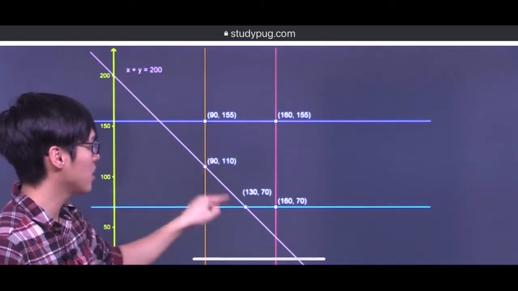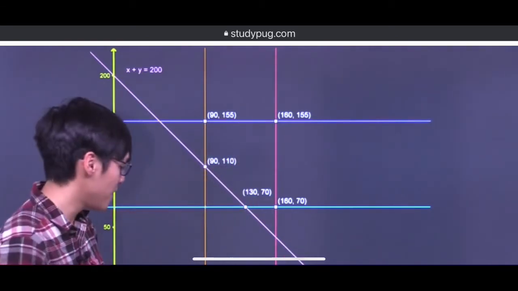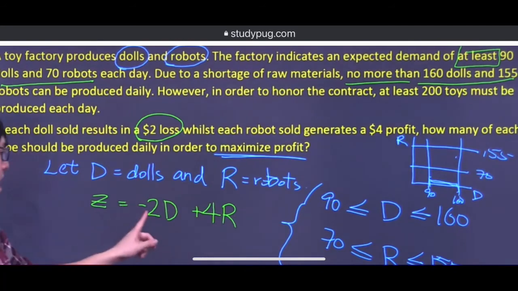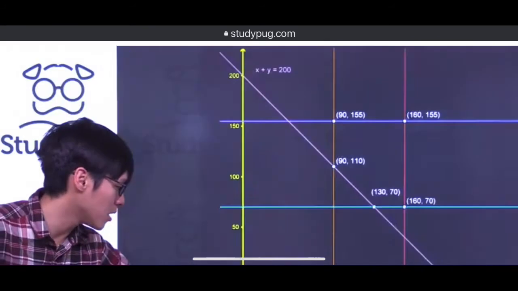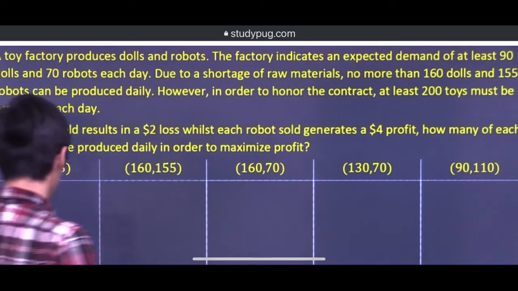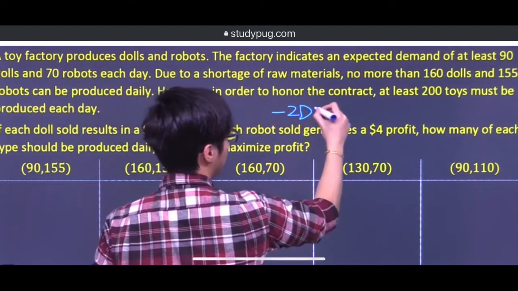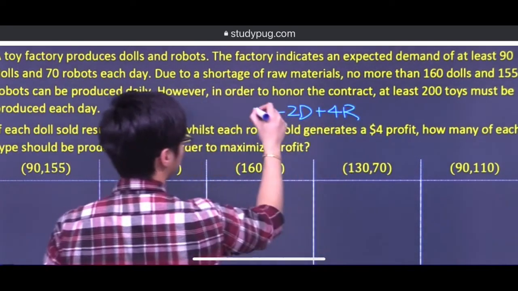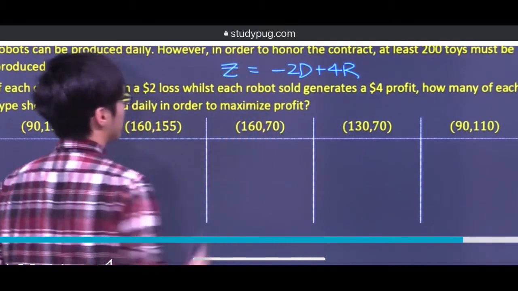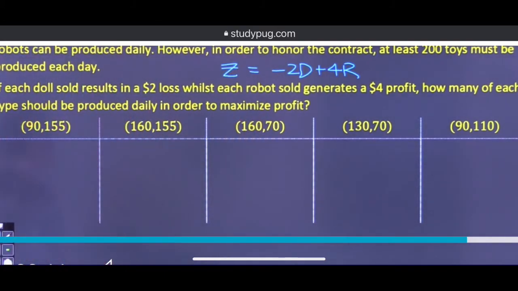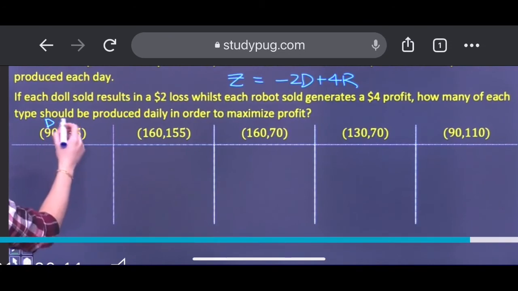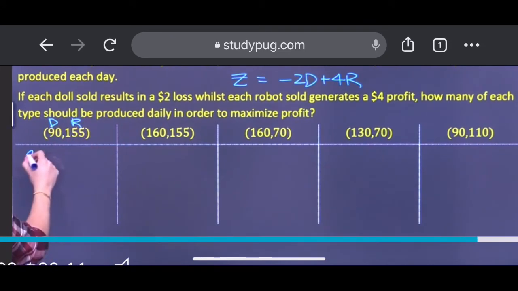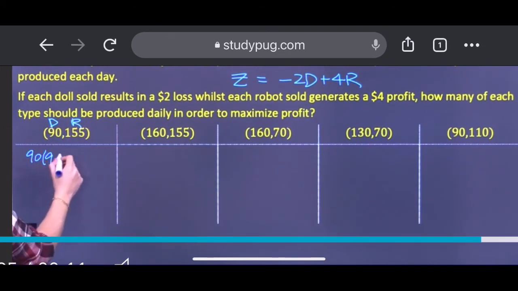Now we take a look at these corners, plugging into our main function, which is negative 2d plus 4r. That would be our z function. So plugging in one by one, what do we get? First off, 90 and 155. 90 is d, by the way, and that is r.